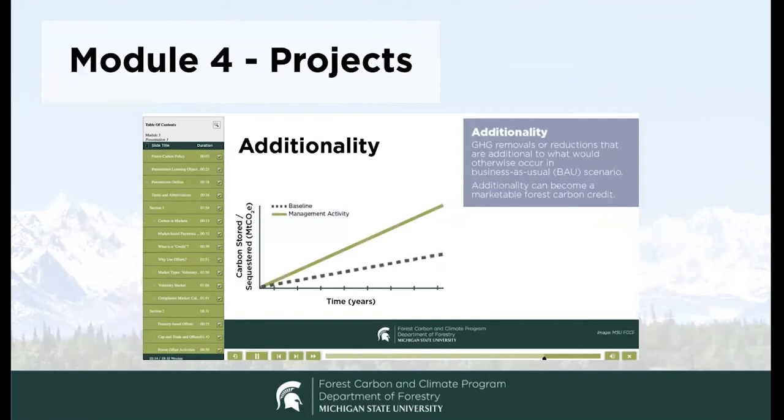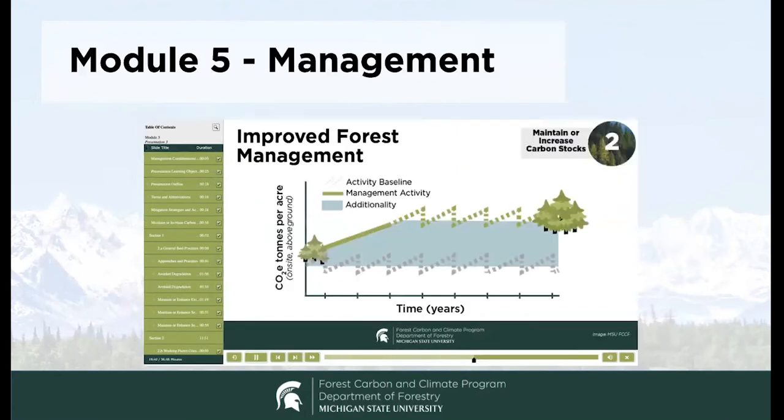So you have to compare the new management activity against a baseline to take credit for what is additional to what would have happened otherwise. So this is just an example of a really fundamental concept in forest carbon credits that we wanted to make sure people feel really comfortable with and can go forward with this new knowledge.